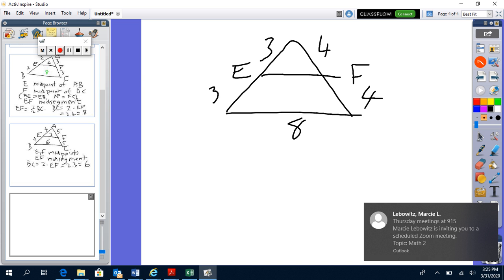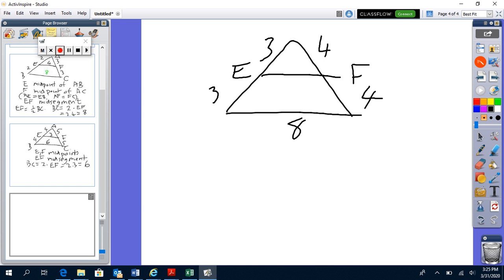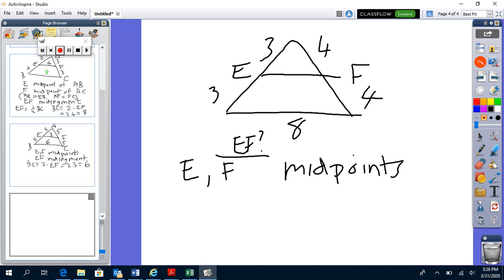Okay, and the question here is what is the length of EF? Okay, well obviously they are midpoints. So that means, let me label the A, B, C here.